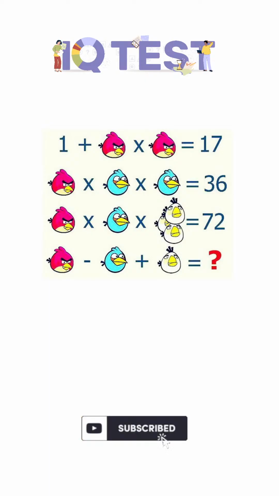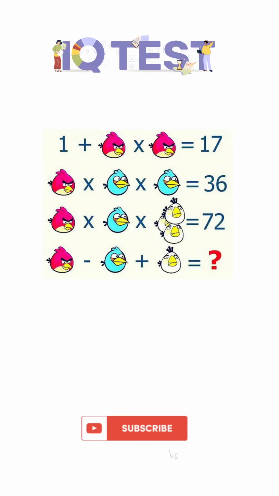For the blue one, I am getting 3. And then for the white ones, so the white bird is 2. That is what I'm getting.